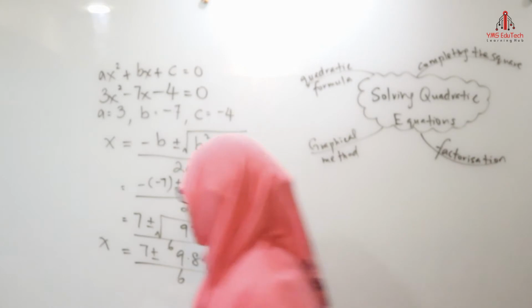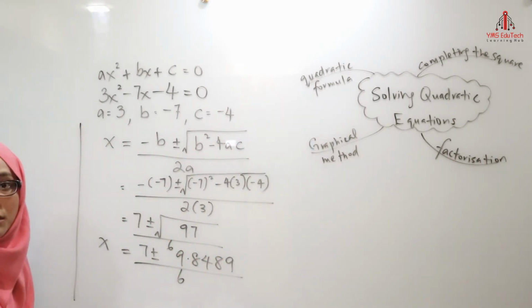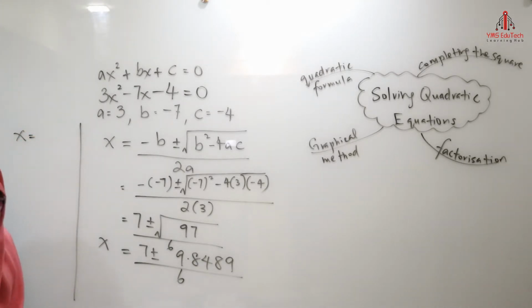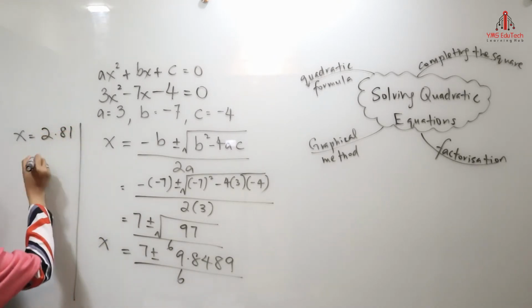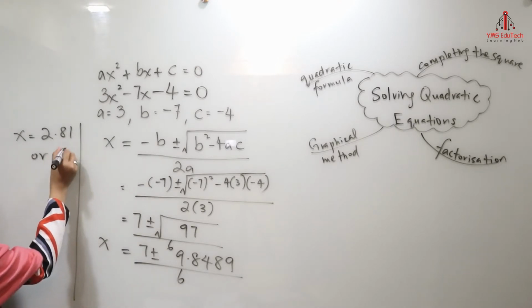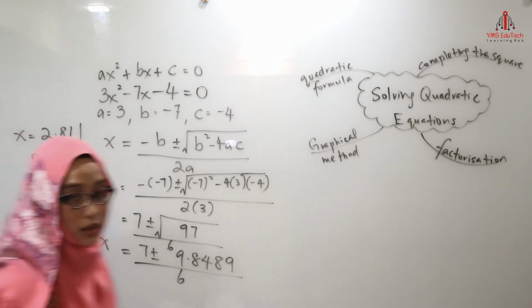Yeah, okay, so the final answer for x, I'm going to write the answer over here. So x is equivalent to 2.81 or minus 0.47. Okay?